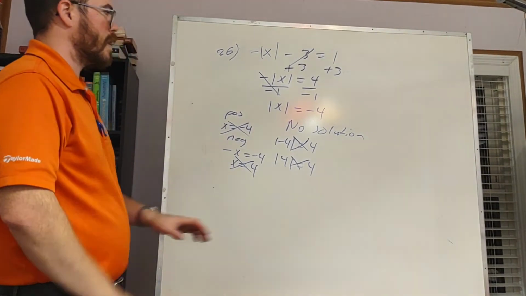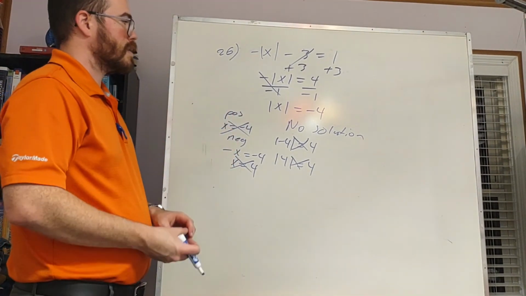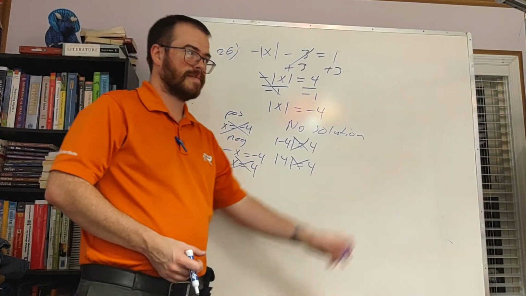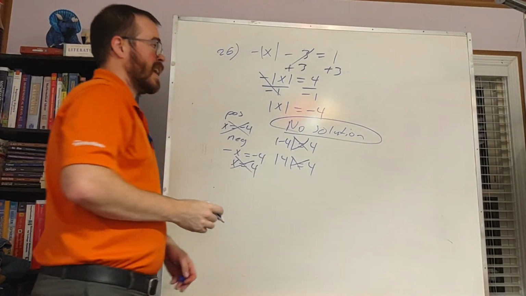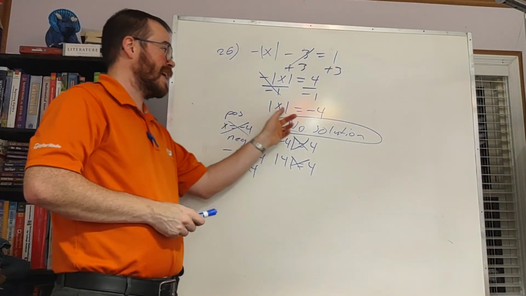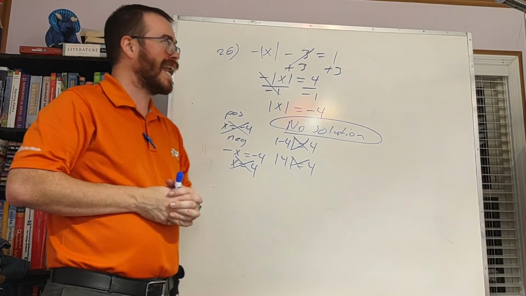We're like, okay, there's none of the possible solutions that we had that's going to work, so that means there is no solution. So we could see that to begin with if we took a second. Once we have isolated our absolute value, okay, so you've got to get it by itself.